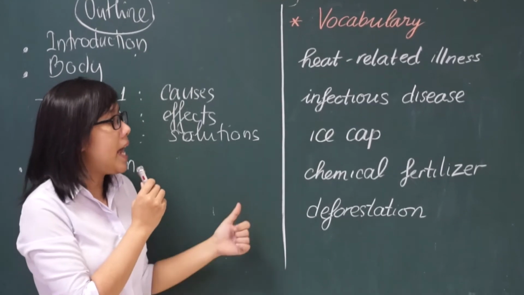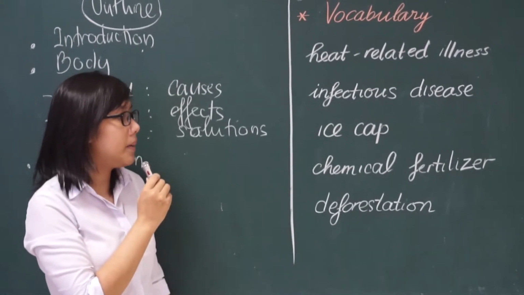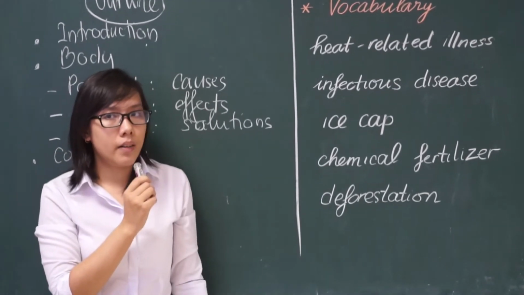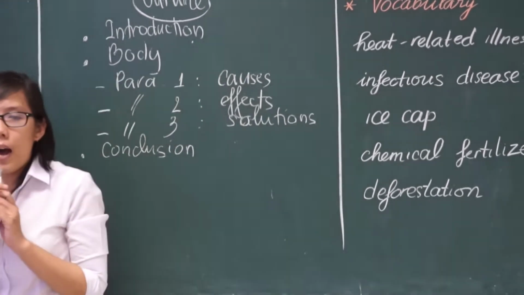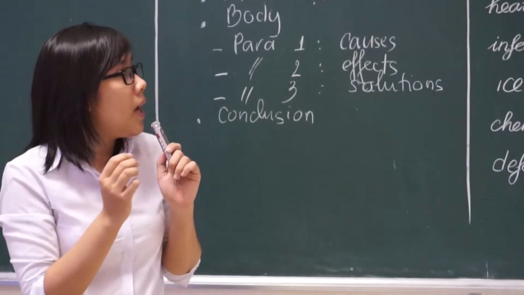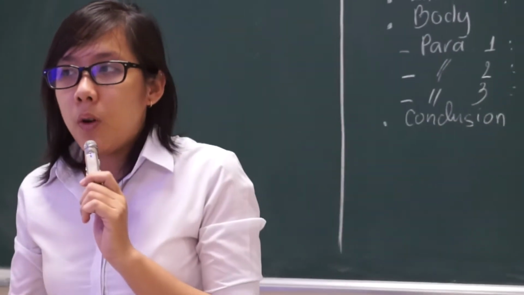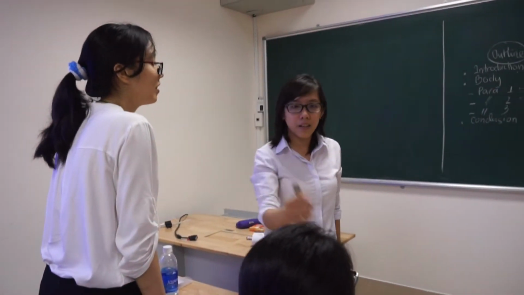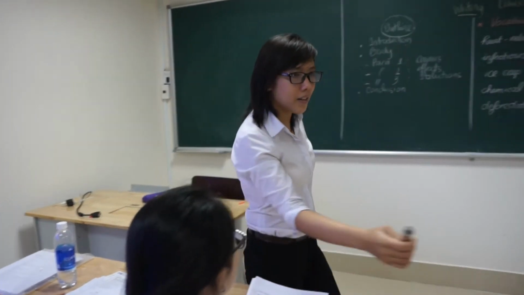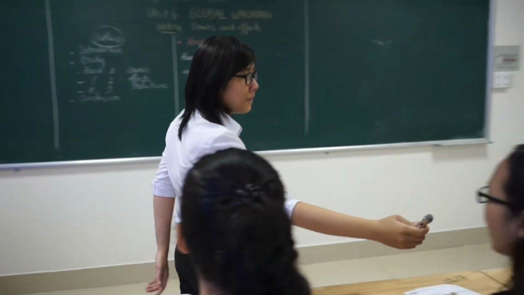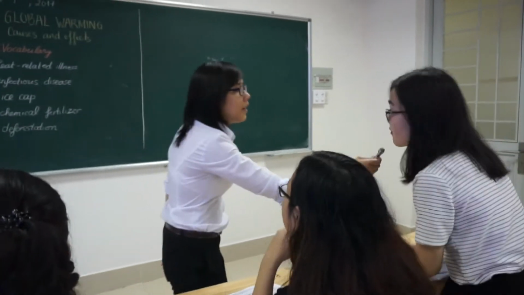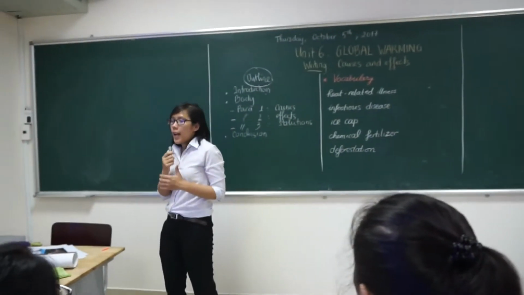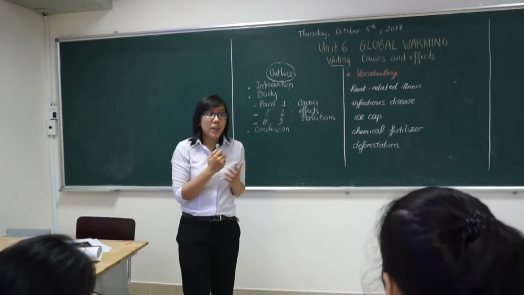Chemical fertilizer. Deforestation. Okay, so now I would like each of you to pronounce a word beginning with Nguyên. Heat-related illness. Infectious disease. Ice cap. Chemical fertilizer. Deforestation. Good.